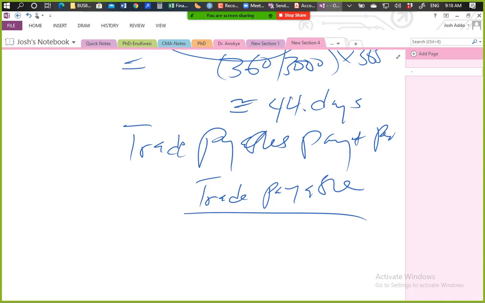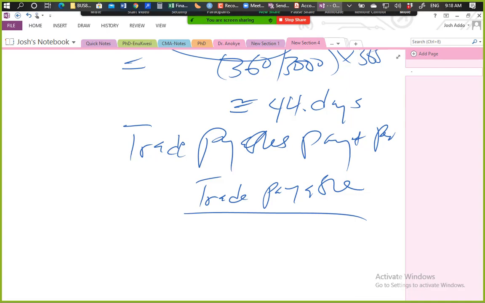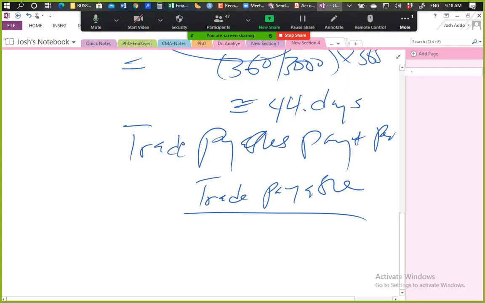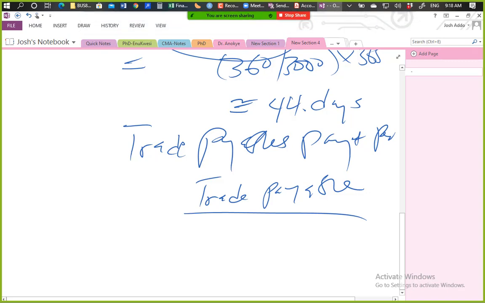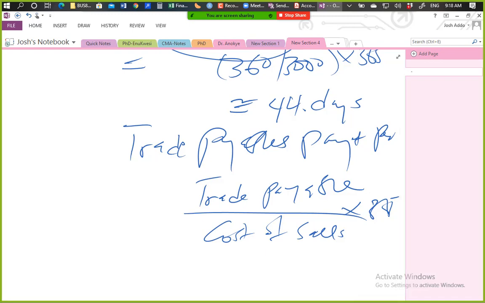Trade payables are what we owe for the goods we buy, and the cost of what we buy and sell is embedded in the cost of sales, normally you cannot have it as a separate item. So the formula is closing trade payables divided by cost of sales times 365.